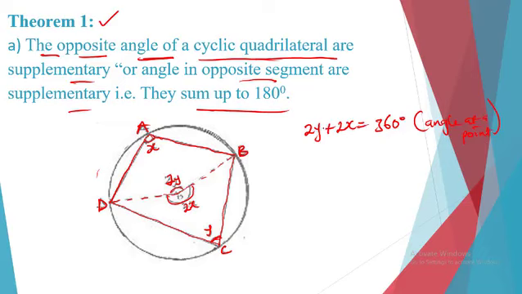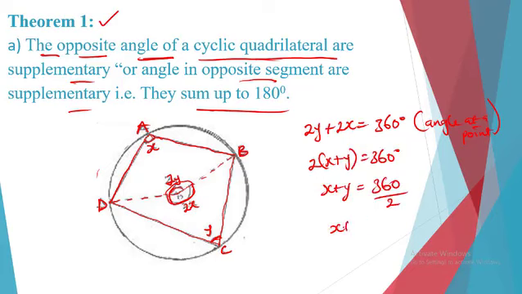Okay, now if 2y plus 2x is equal to 360, that is this point, then it means that 2 into x plus y is equal to 360. Then x plus y is equal to 360 divided by 2. x plus y is equal to what? 180 degrees. So the value of x here is half of the value of 2x.